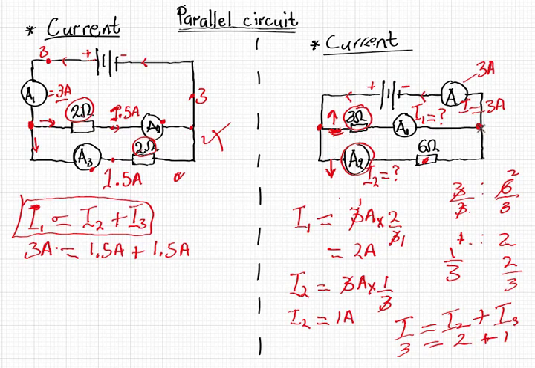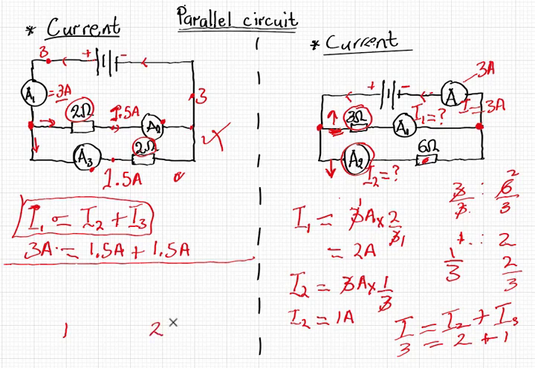And when the current gets here, it recombines and goes to the negative terminal. So maybe sometimes you might forget the formula, but what you need to understand, supposing the ratio of resistors is 1 is to 2, right?